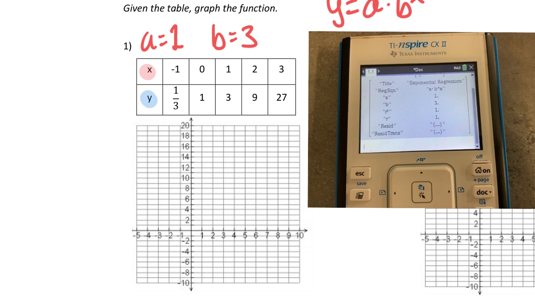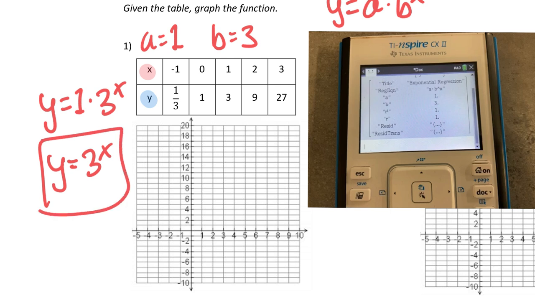So we have a, we have b. This function, for number 1, is y equals 1 times 3 to the x. Or you could just say y is 3 to the x. Both are correct. They mean the same thing.